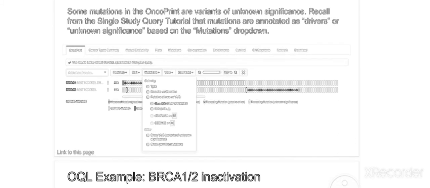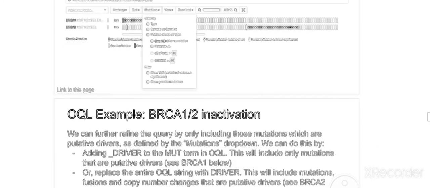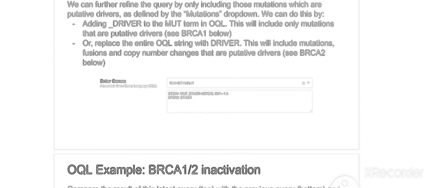Some mutations in OncoPrint are variants of unknown significance. Recall from the single study query tutorials that mutations are annotated as drivers or unknown significance based on the mutations dropdown. We can further refine the query by only including those mutations which are putative drivers as defined by the mutations dropdown.